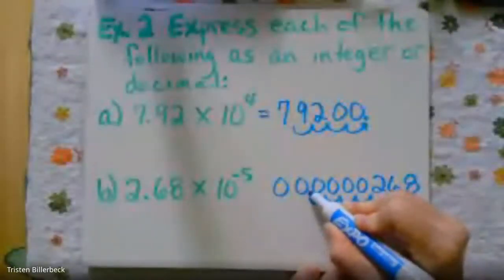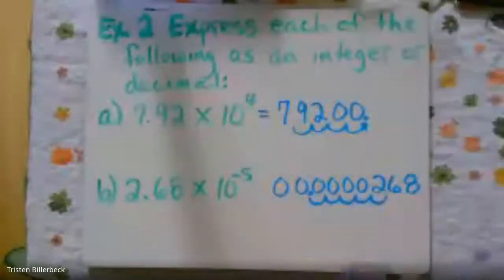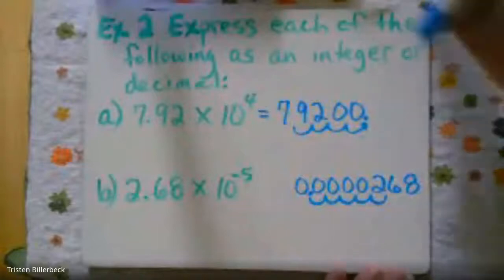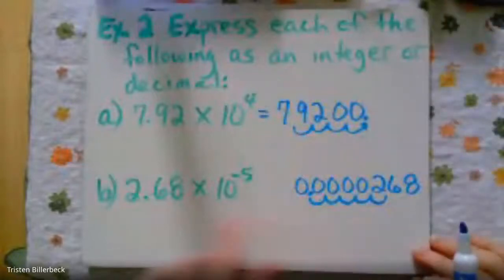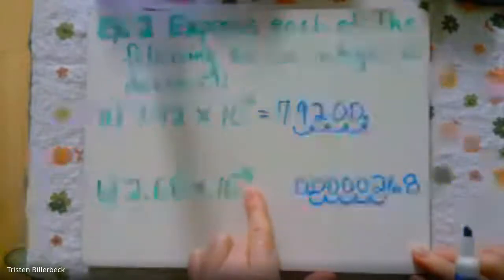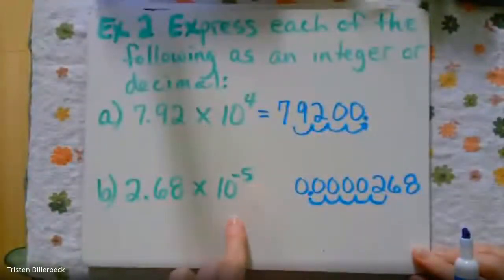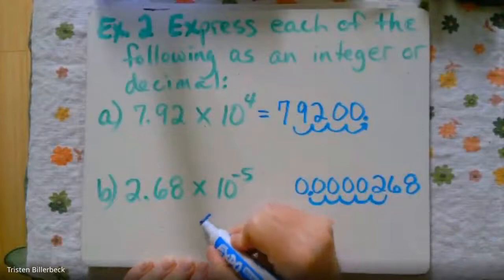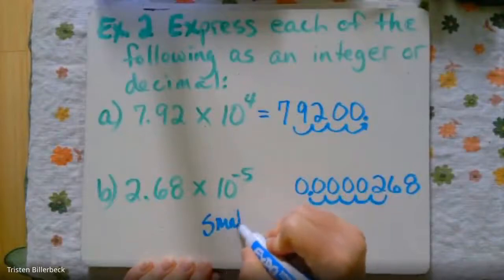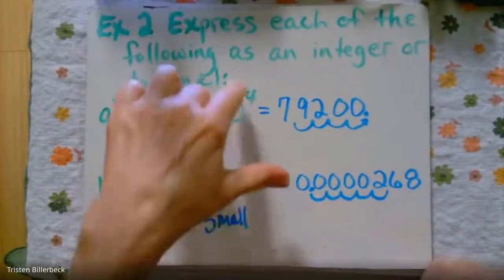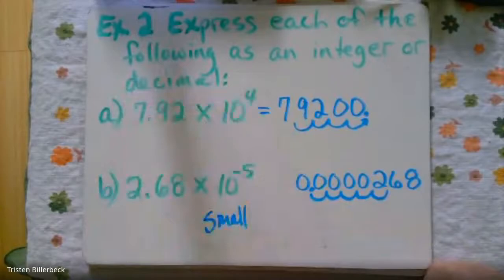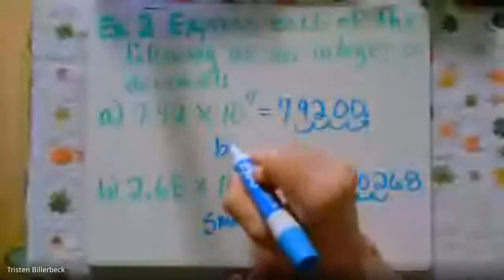So our new decimal goes here, and we're going to erase that. This would be the expansion of this. Whenever you see a negative exponent with a 10, it's a very, very small number. And whenever you see a positive exponent on a 10, it's a very big number.